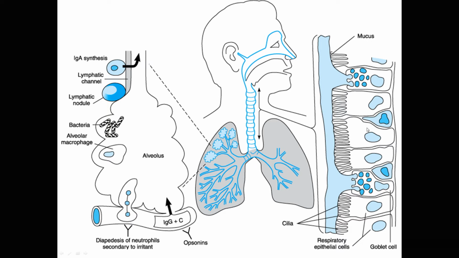If dysfunctioning, for example in smokers due to the metaplasia and loss of cilia, bacteria may penetrate into the alveoli. Anyway, in the alveoli we have additional defenses: macrophages, antibodies, and other components of the immune system such as complement.